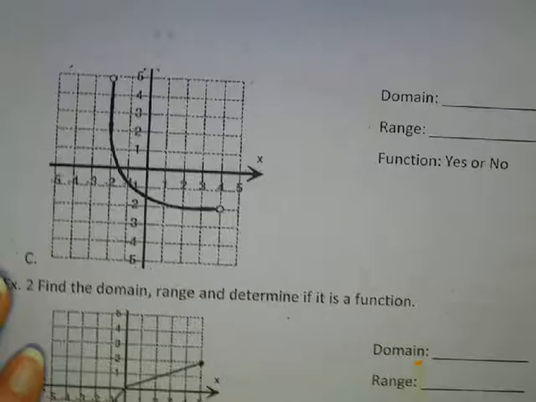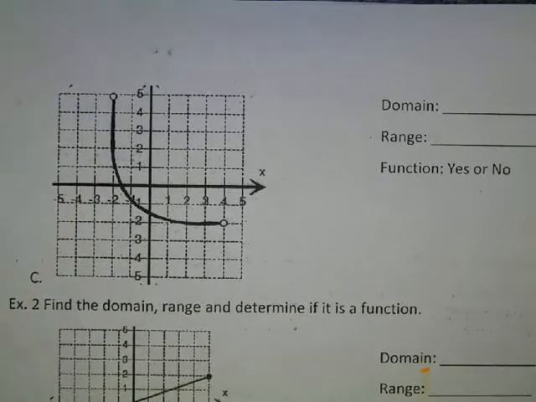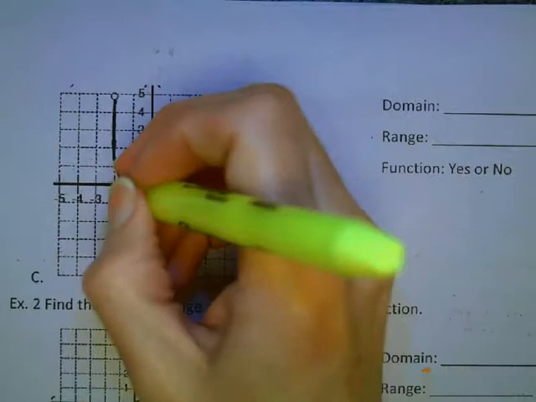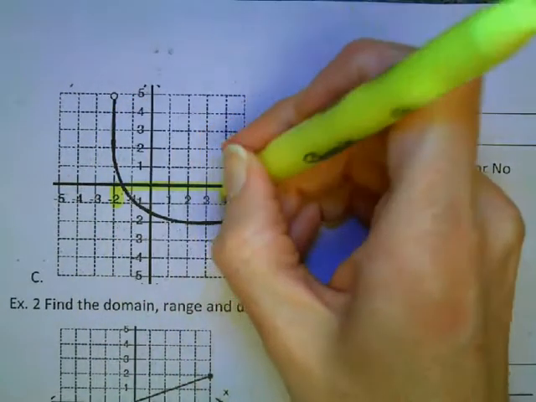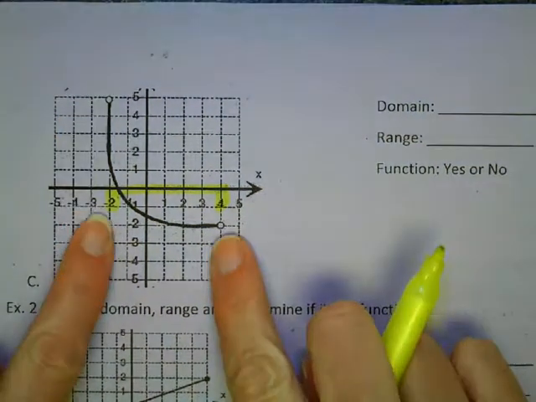So again, just working with identifying, is it open circle, or is it a bracket or a parenthesis? So on this one, again, looking at the x-axis here, this is our x values. The whole graph goes from this number to this number. This graph is between the numbers -2 to 4.